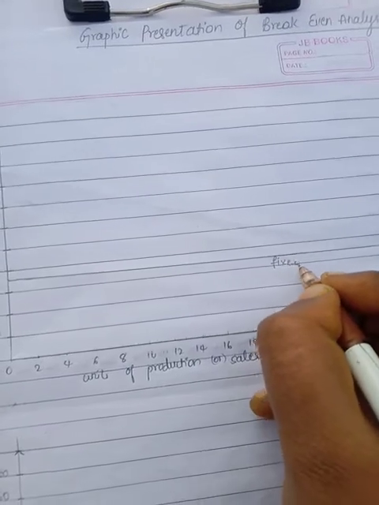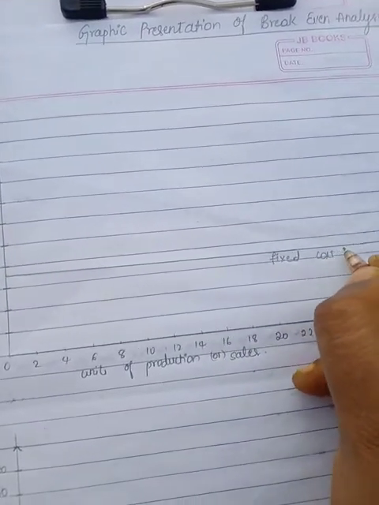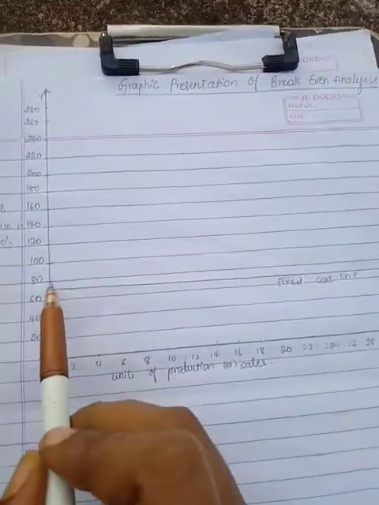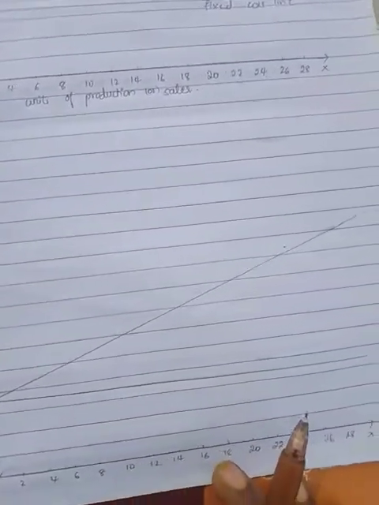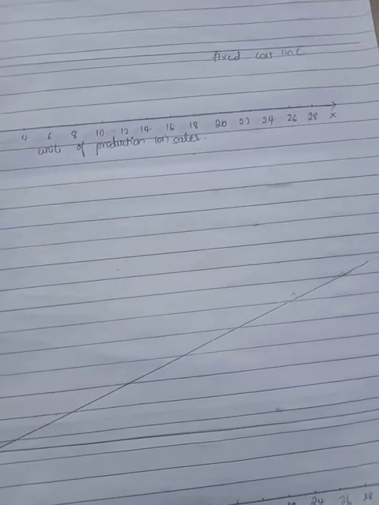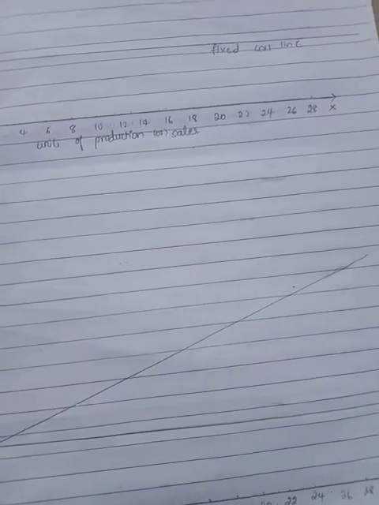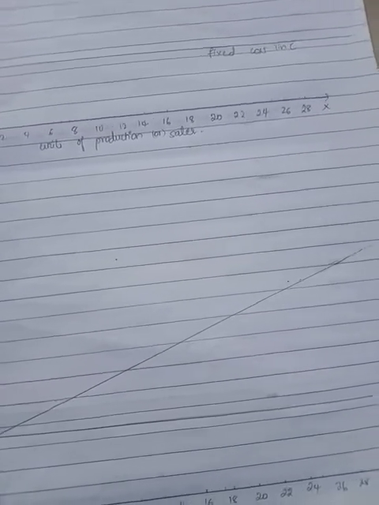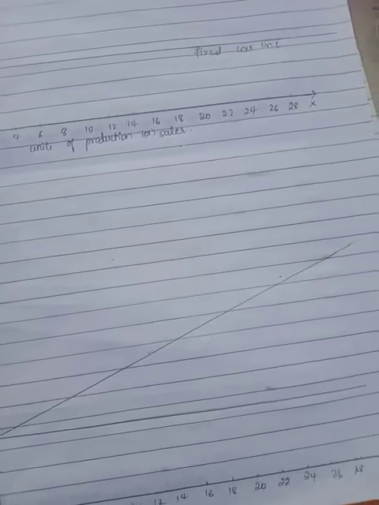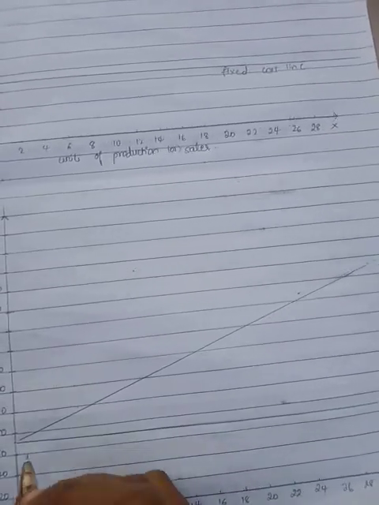And then in the second, draw a total cost line. The variable cost is superimposed on the fixed cost line. So the total cost is drawn starting from the point on the y-axis representing the fixed cost. And then the next line we have to draw is the total cost line.